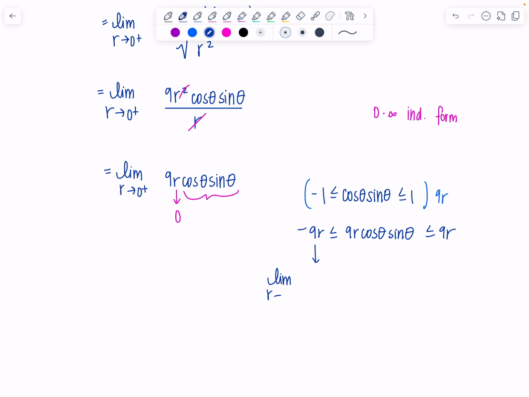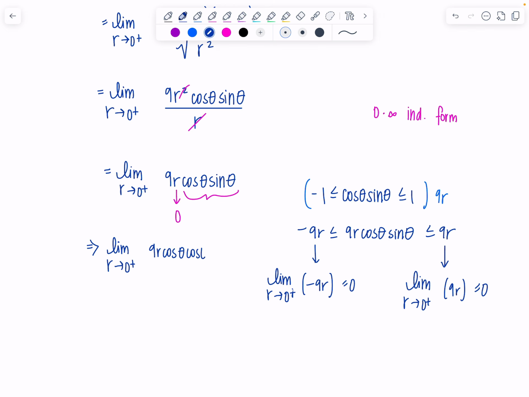We take the limit of a much simpler function, r going to 0 from the right, of negative 9r. That's 0. And that's the same as the limit of the upper bounding function. And therefore, I can say that the limit as r approaches 0 from the right of 9r cosine theta sine theta equals 0 also. And you have to cite your sources by the squeeze theorem.